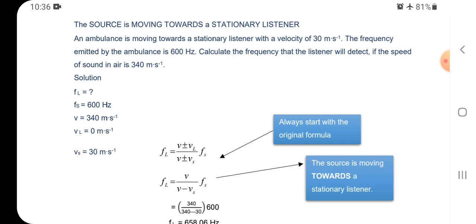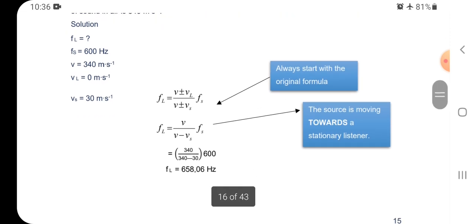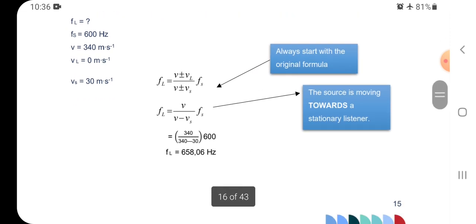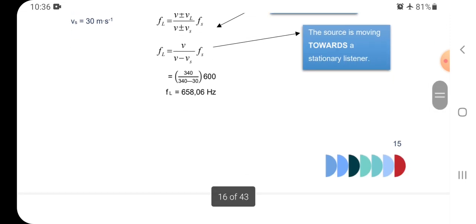If the speed of sound in air is 340, so the V stands for the speed of sound. And now this has been substituted correctly. It is a minus. We use a minus. This has been substituted correctly here. You see, everything is perfect. I don't have to redo it.